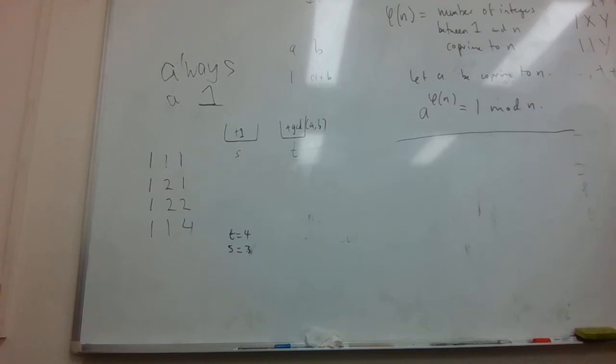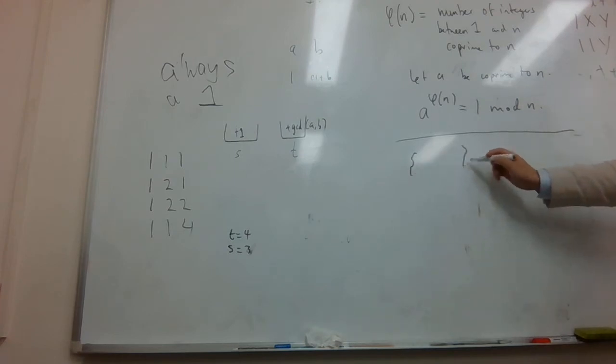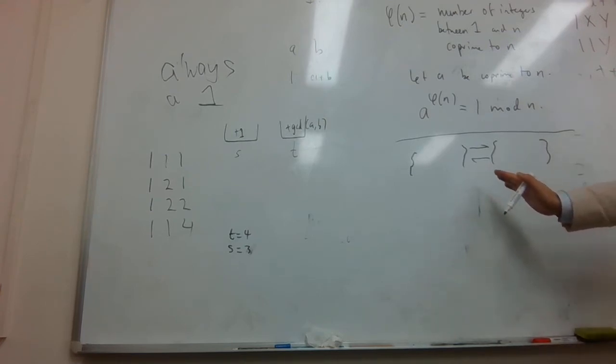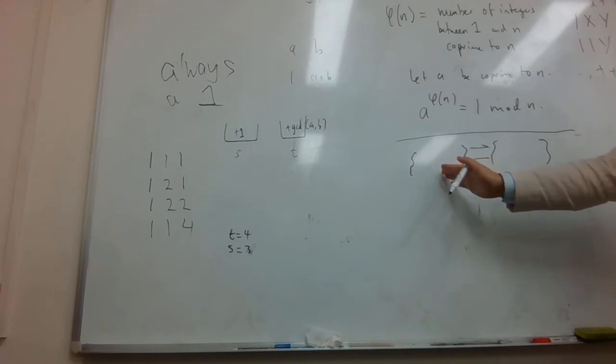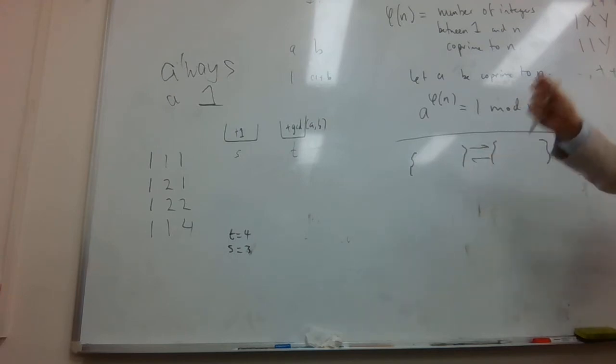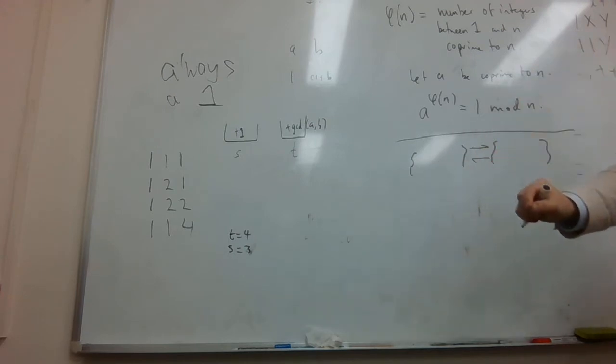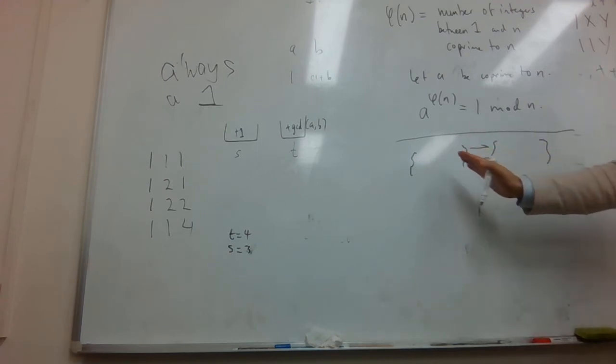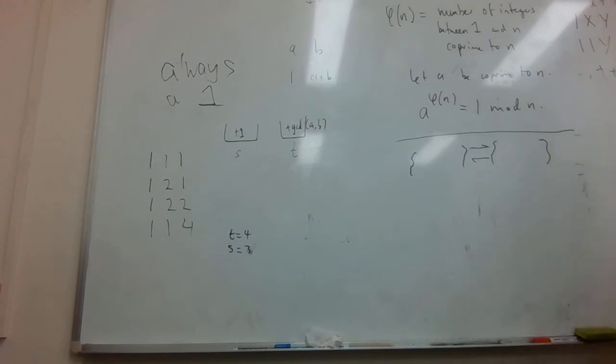You have two sets, they have the same number of things, and not only that, the function pairs them up. So it gives you one way to realize that they have the same number of things.